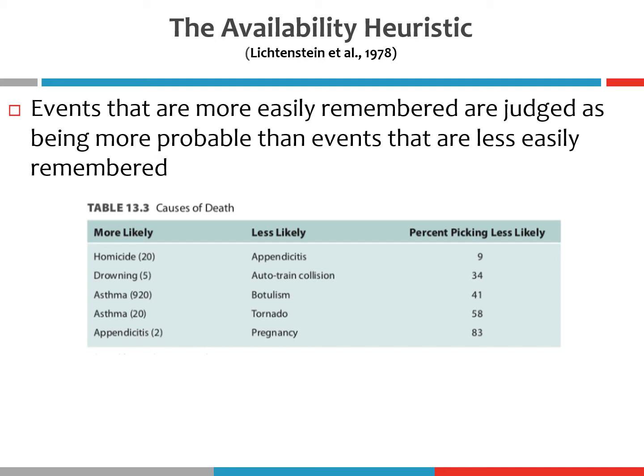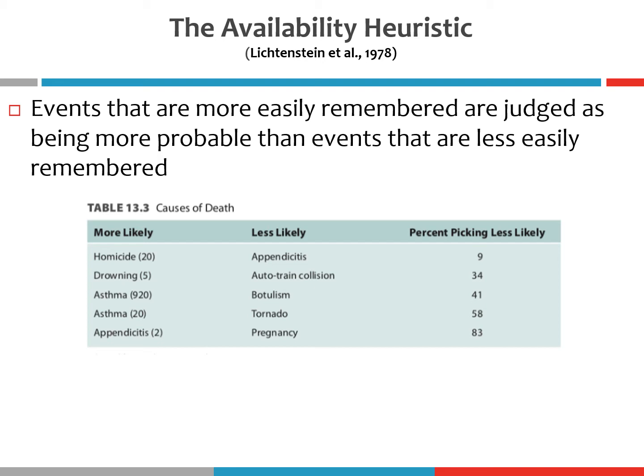And even more striking is the finding that 41% of participants thought that botulism caused more deaths than asthma, even though in actuality, 920 times more people die from asthma than botulism.